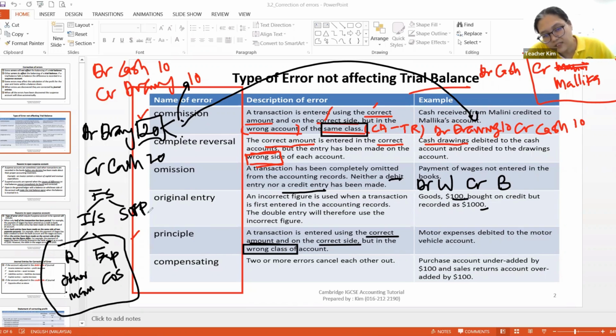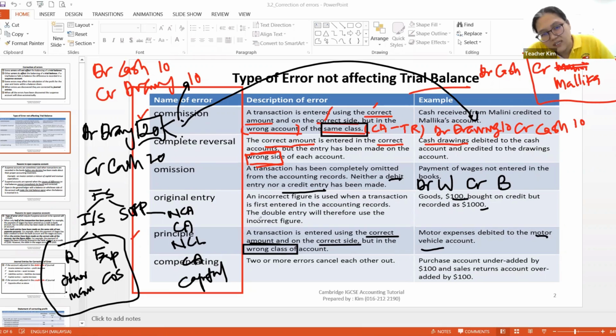For the statement of financial position, we have non-current asset, current asset, non-current liability, current liability, and capital. So all these sections, we call class. Sometimes we call it section.